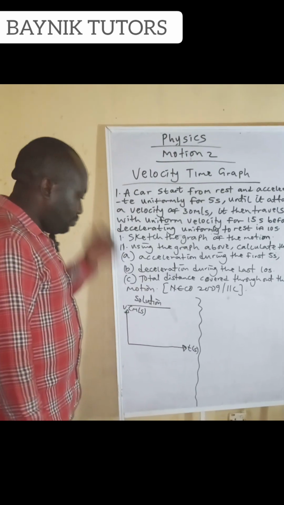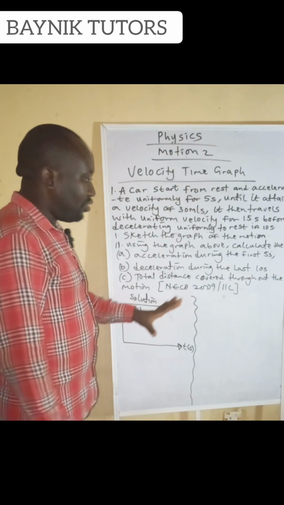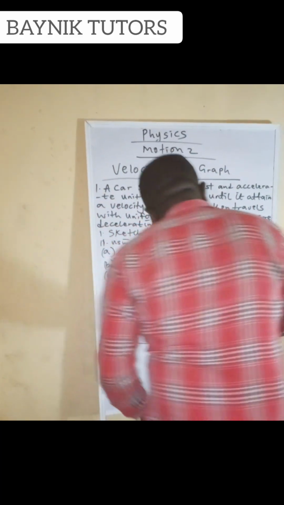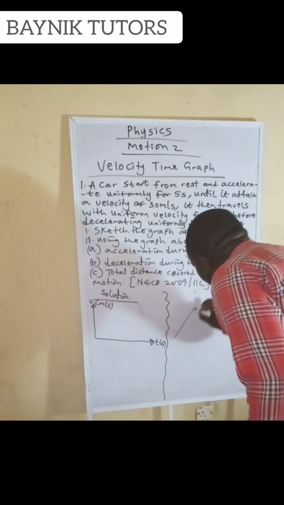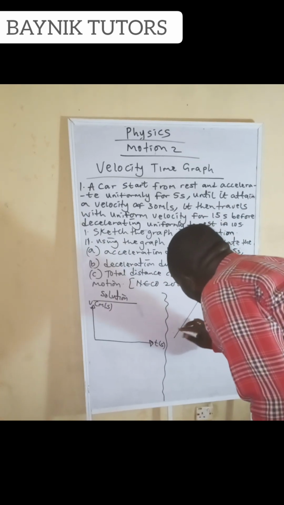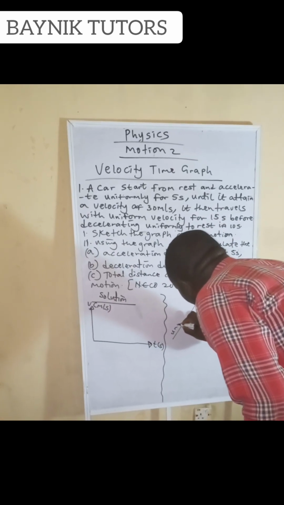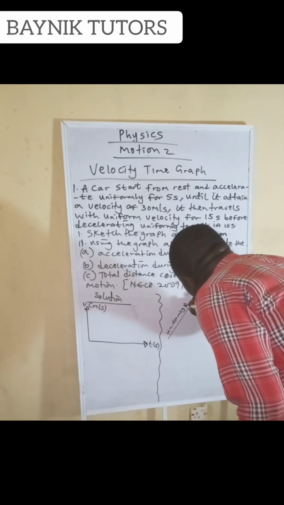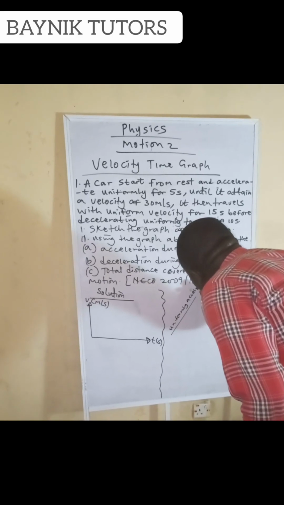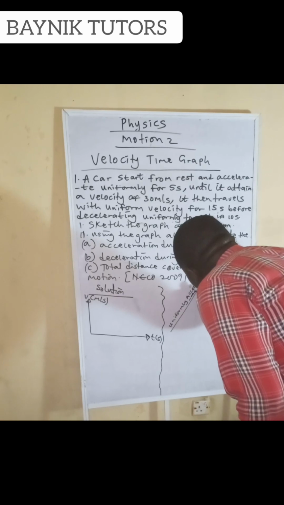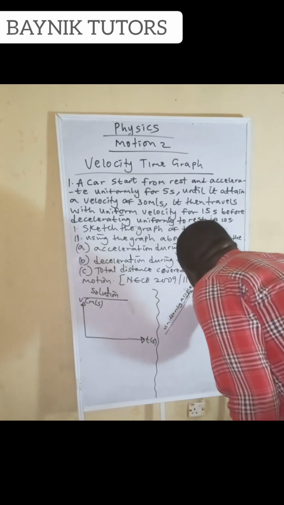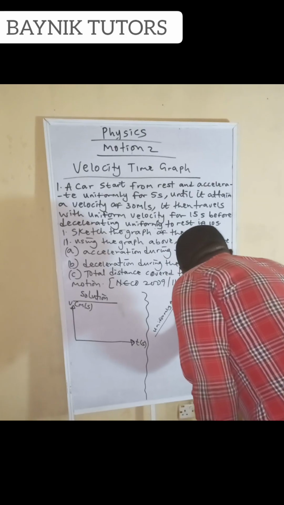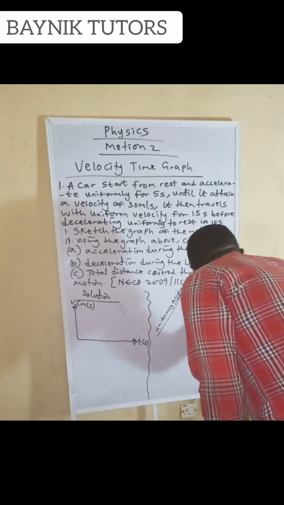So for a velocity time graph, we have three major concepts. We have the acceleration stage, which we call uniformly accelerated. Then when the body moves uniformly, we have what we call constant speed.